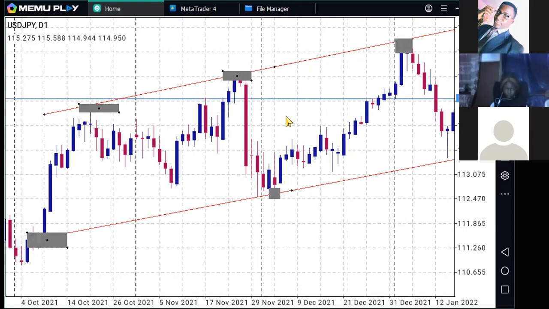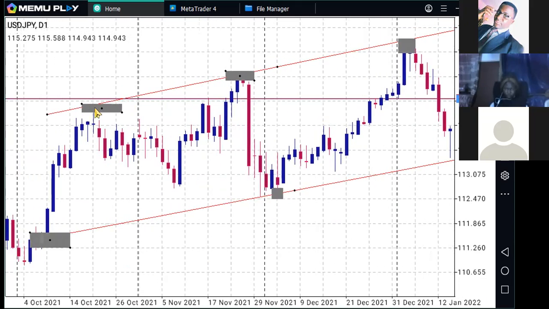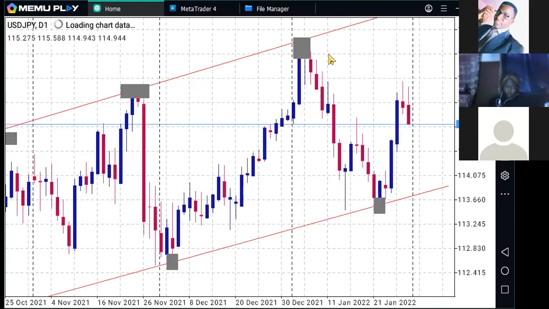It's as if it's going out of the zone completely, but it's just a manipulation, and then you find price coming back to the same channel again. If we had drawn a straight line, you see that most of these prices were pushing outside the trend line before they came back to the channel the way it's supposed to be.